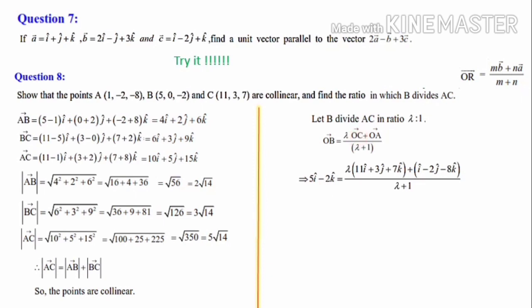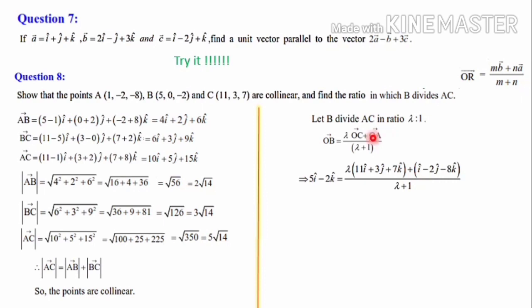Here OC means C coordinates minus origin coordinates, origin being (0, 0, 0). So C coordinates 11 minus 0 is 11i, then 3 minus 0 is 3j, then 7 minus 0 is 7k cap, plus OA.